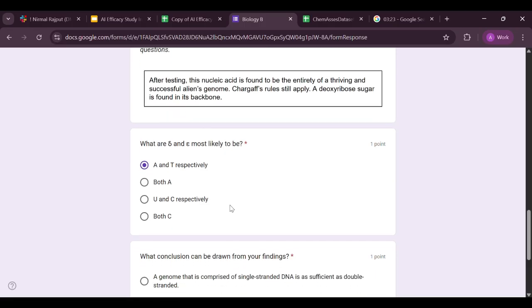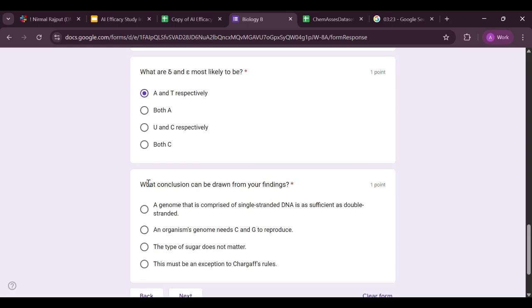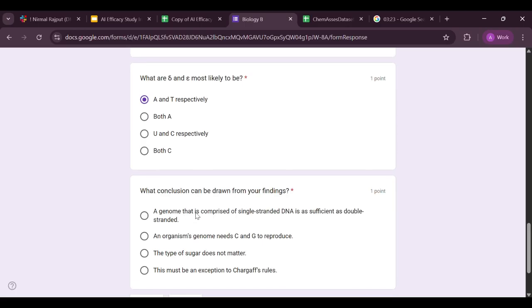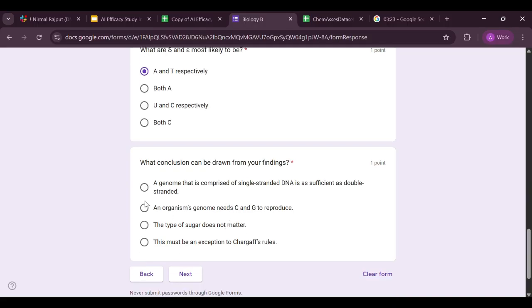So now we are moving ahead. What conclusion can be drawn from your findings? A genome that is comprised of single-stranded DNA is as sufficient as double-stranded. I don't know whether DNA exists in single-stranded form or not, so according to me, this is not going to be the correct option.